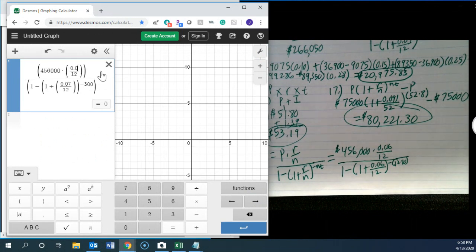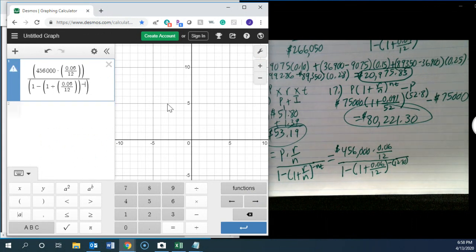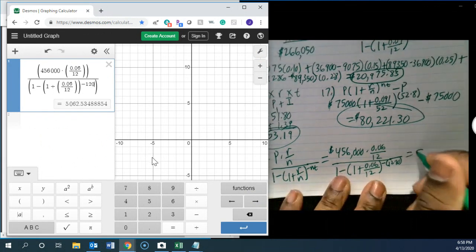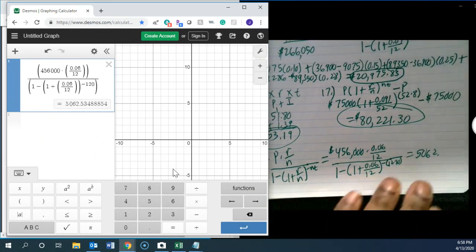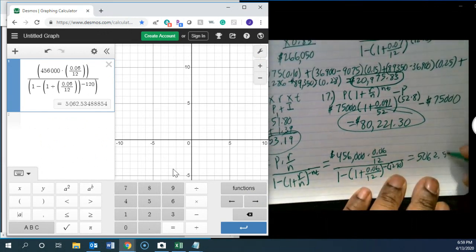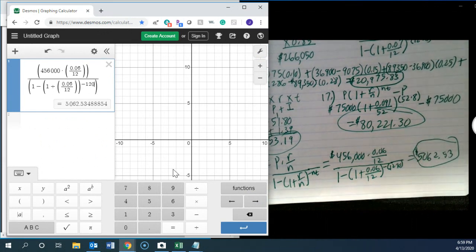You would change the 7% to 6% because the 12 will remain the same. And then here the negative 300, 12 times 10 is 120. So it'd be a negative 120. And then we will have our monthly payment of $5,062.53. That is your monthly payment.